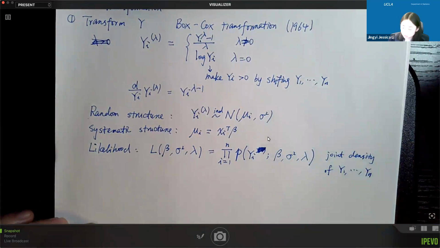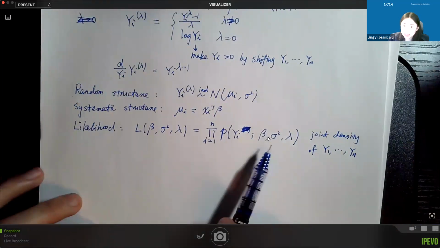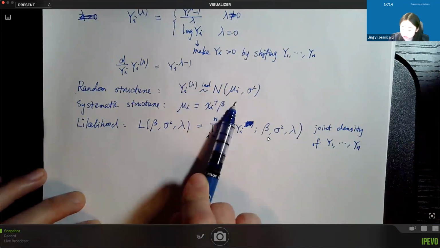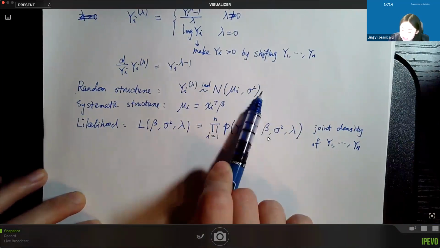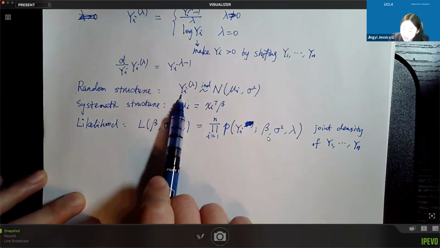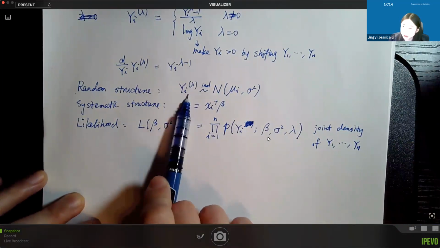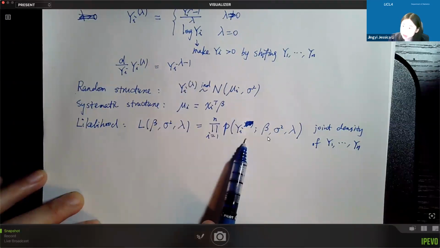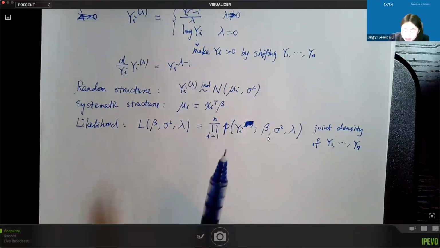But now to write down this density, we need to use the random structure. And the random structure is specifying the distribution of yi lambda instead of yi. So it's about a function of yi, not yi itself. So to address that, we need to consider what we call the change of variable for probability density.